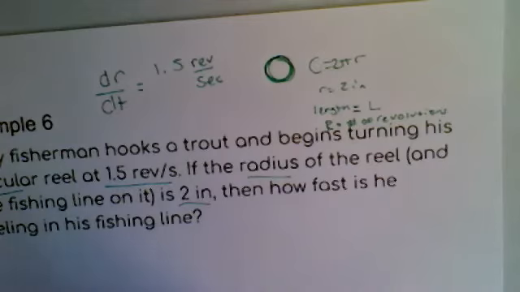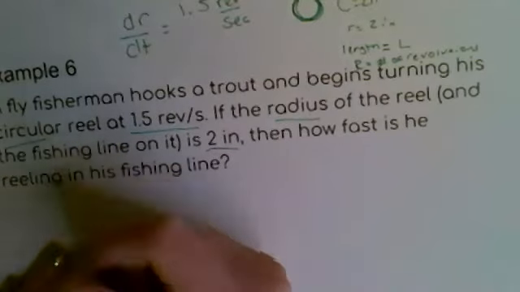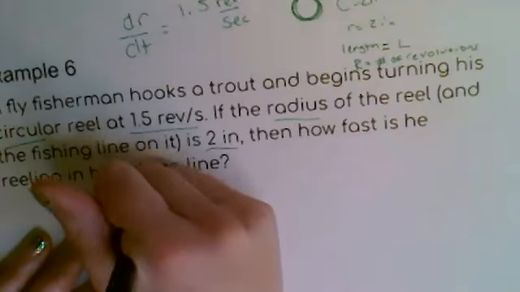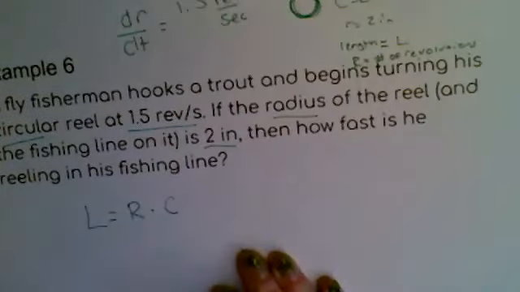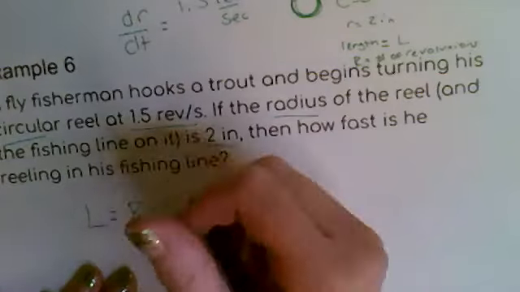So in essence, the length of the line is going to equal revolutions times circumference. We know the formula for circumference, so let's go ahead and plug that in.